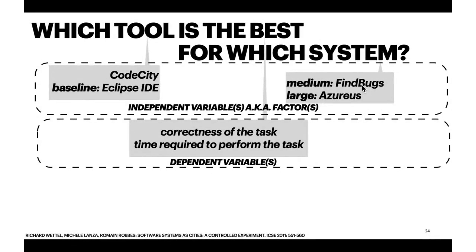We could have considered different tools, different levels of those variables. The dependent variables are the correctness of the task and the time required to perform the task. So again, we have two independent variables and two dependent variables.